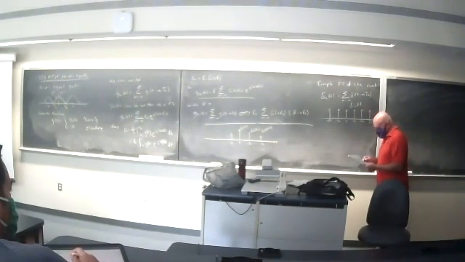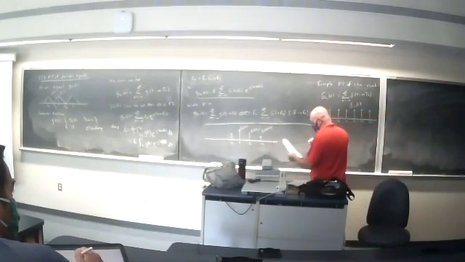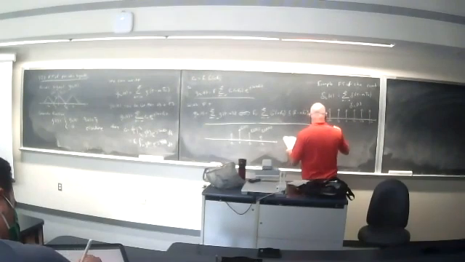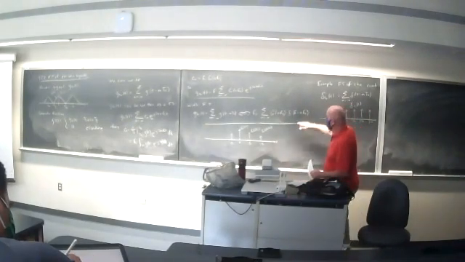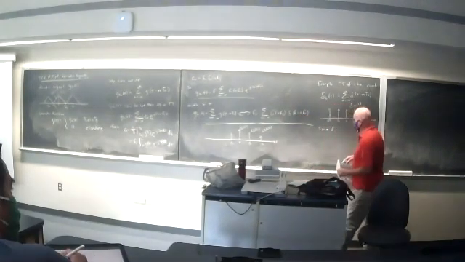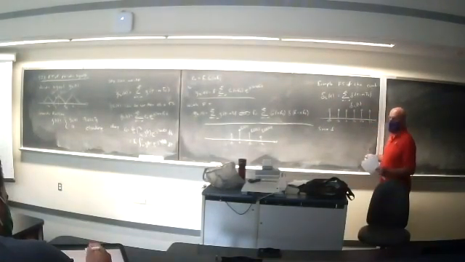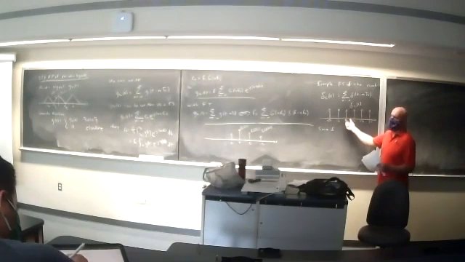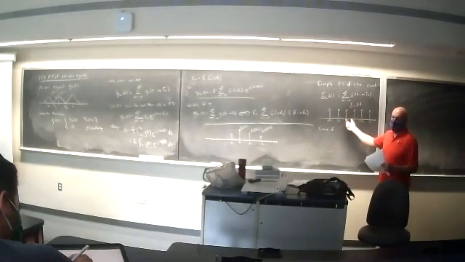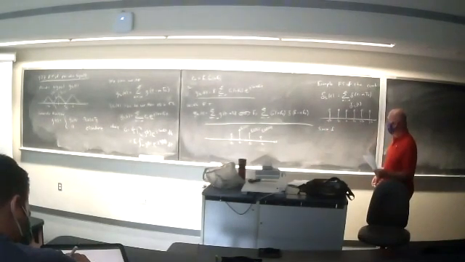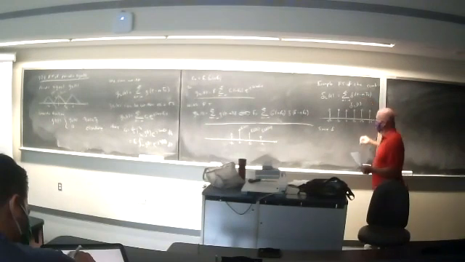Now, from this result, I want to take the Fourier transform of the basis function. The basis function here is just delta t. It's the function that's between minus T0 over 2 and T0 over 2, the thing that's periodically extended. It's just delta t.